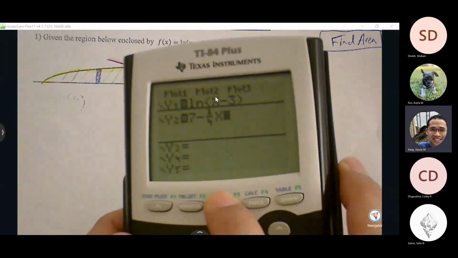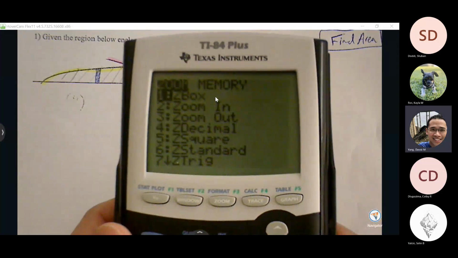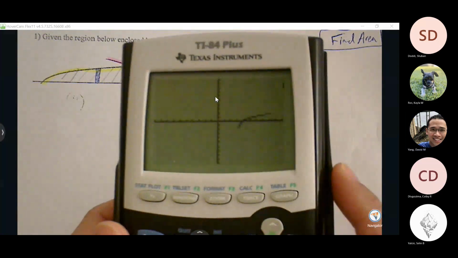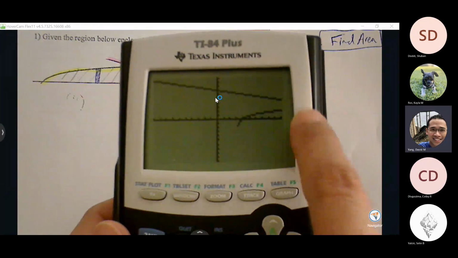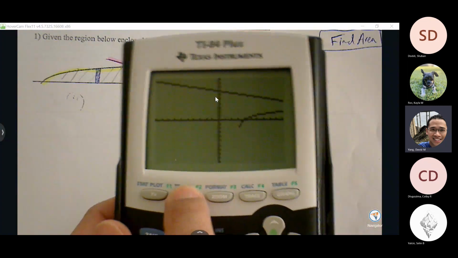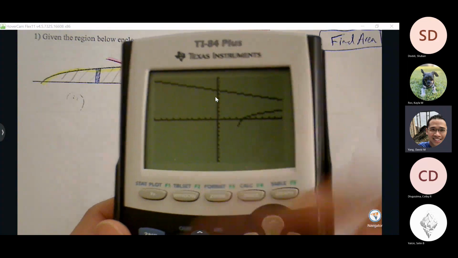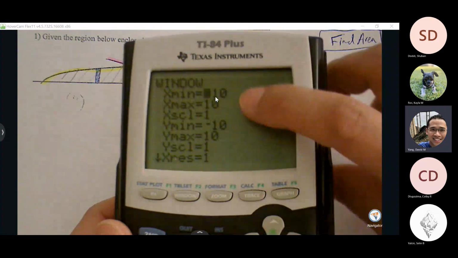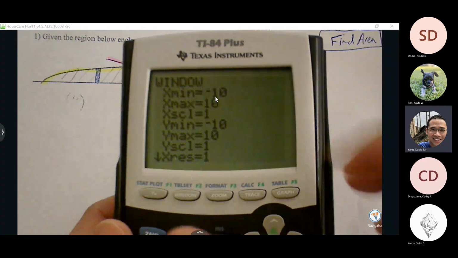Okay. I like to start with zoom 6, just so I can get my bearings down here. So it looks like it's extending way past beyond what I can see here. I can zoom out, but I can also just ask the window to show me a little bit further to the right. So if you go to window, you can adjust that. X-min, X-max will tell you how far left, how far right the graph's going to go.